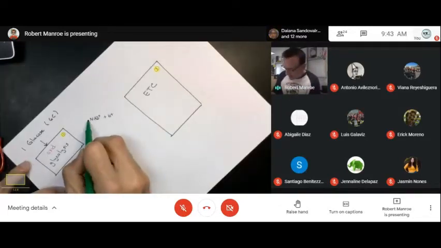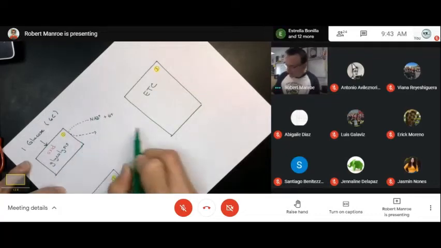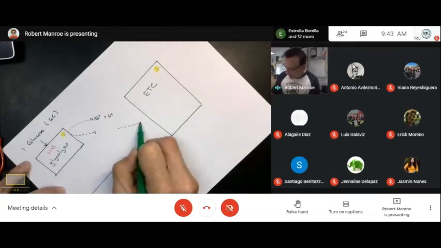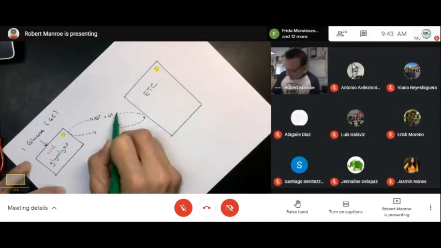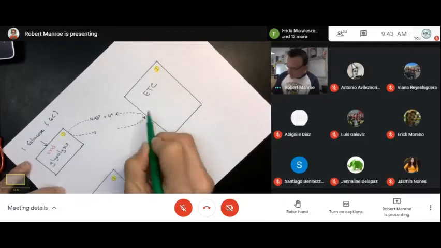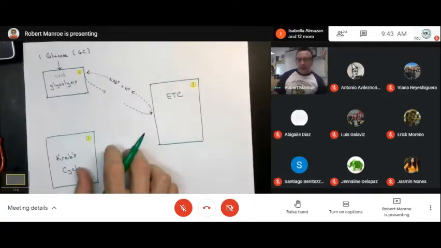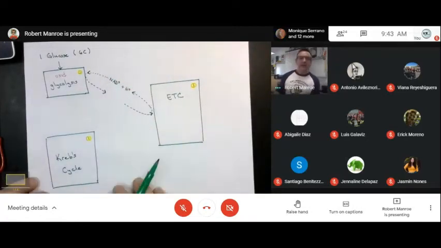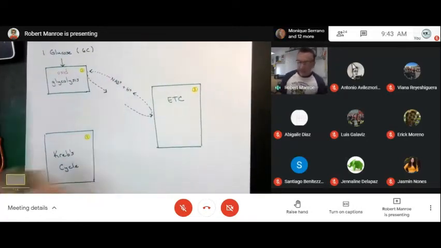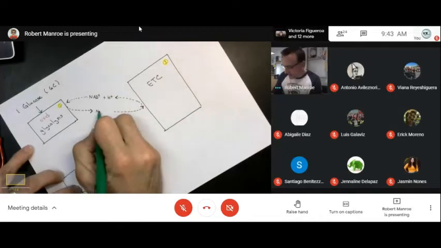So NAD comes over here and picks up those high energy electrons and delivers them over here, and then comes back like such. So when NAD and its associated proton picks up the electrons, what does NAD become? NADH.